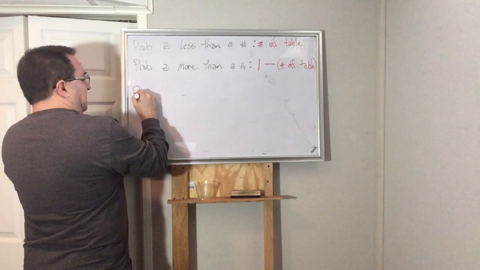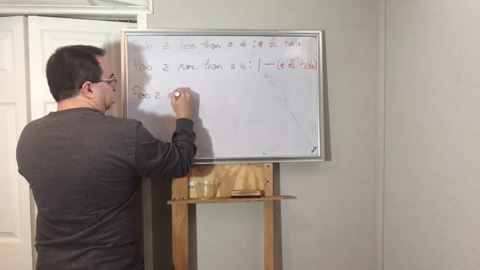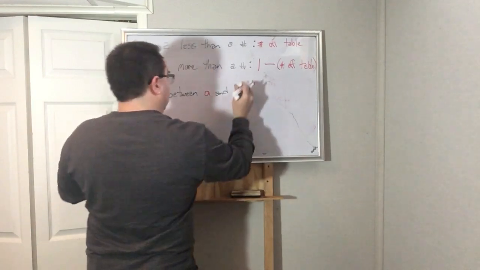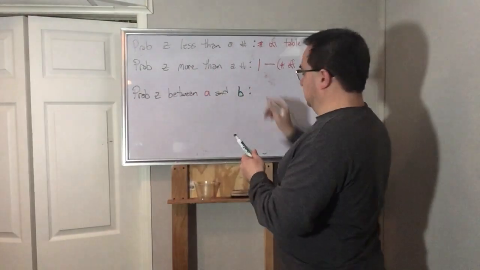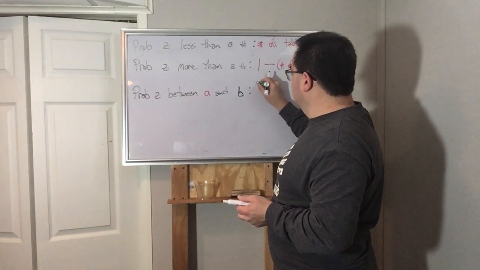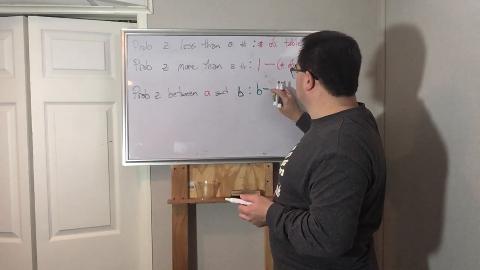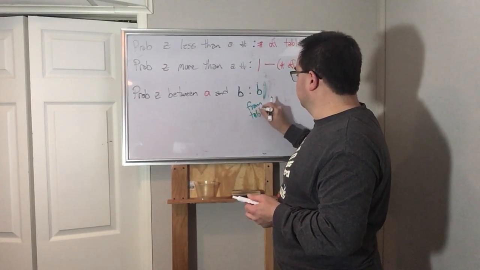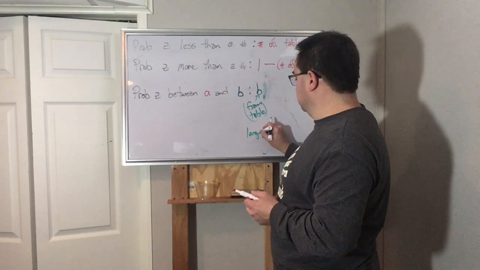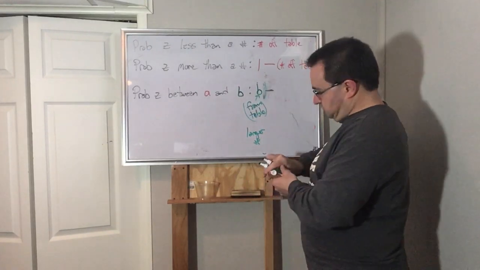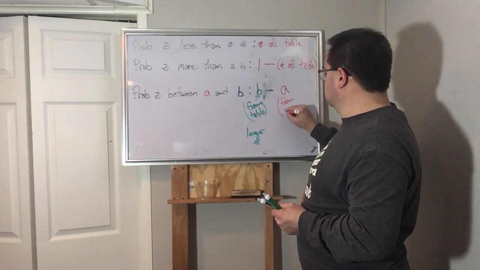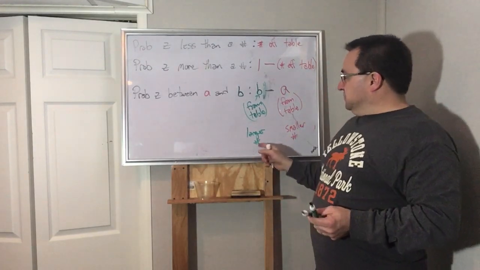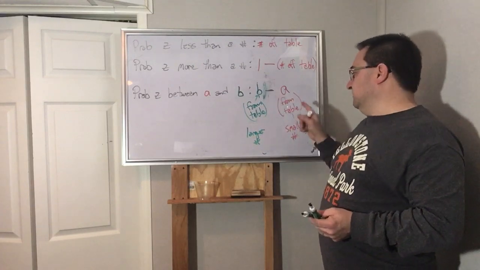And lastly, if I want the probability that z is between a number and another number, so between two numbers, it's the larger number from the table minus the smaller number from the table.